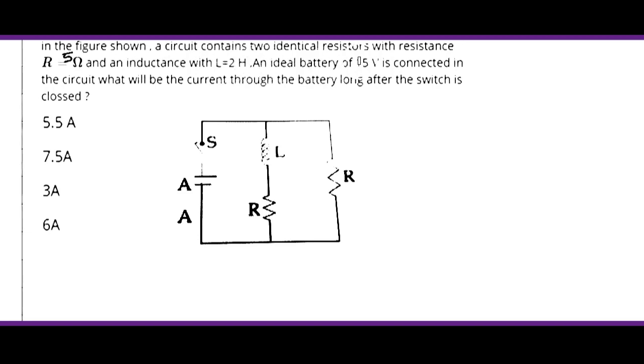An identical battery of 15 volt is connected in this circuit. What will be the current through the battery long after the switch is closed? So we have to find out the current when the switch is closed, after a long time.